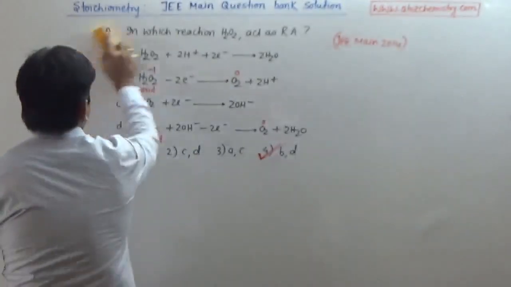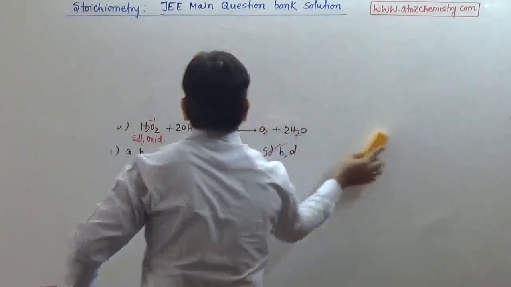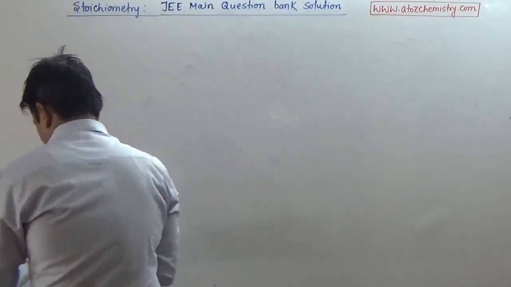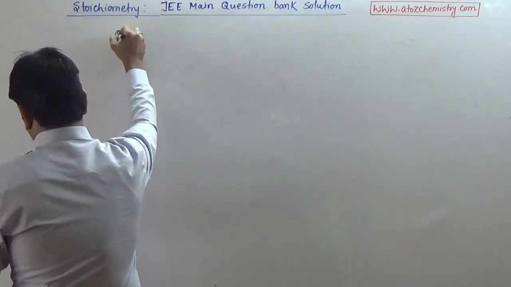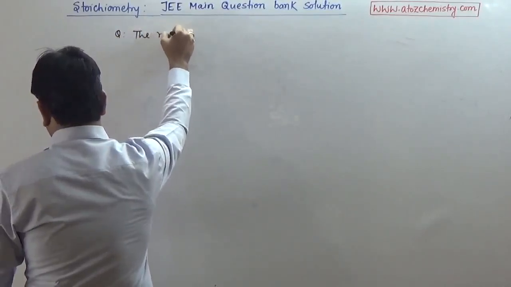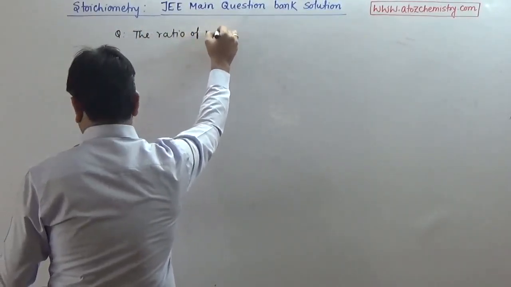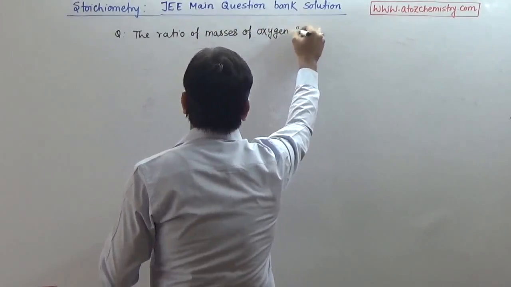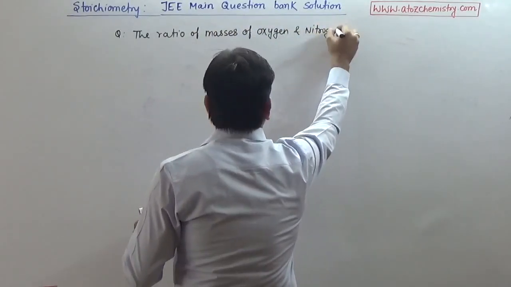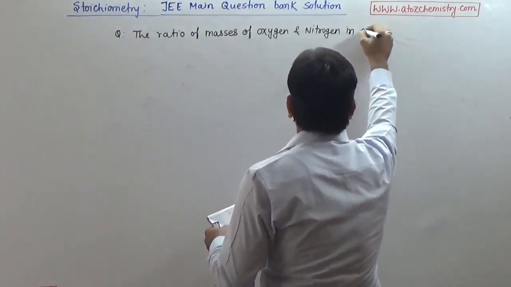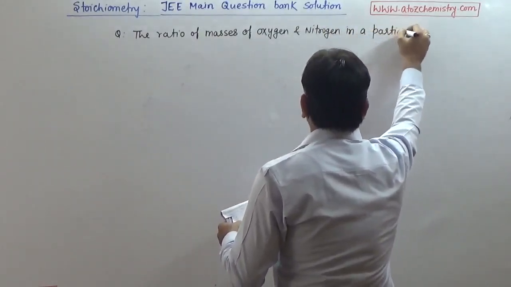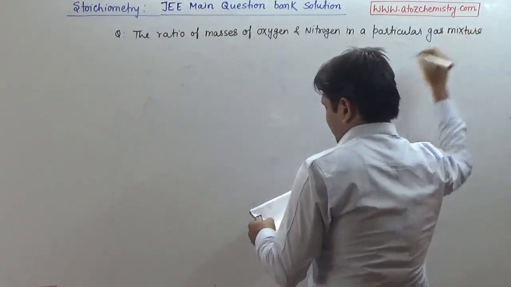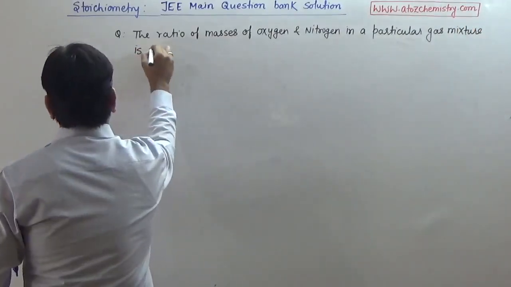Now, the next question was: the ratio of masses of oxygen and nitrogen in a particular gas mixture is 1:4.